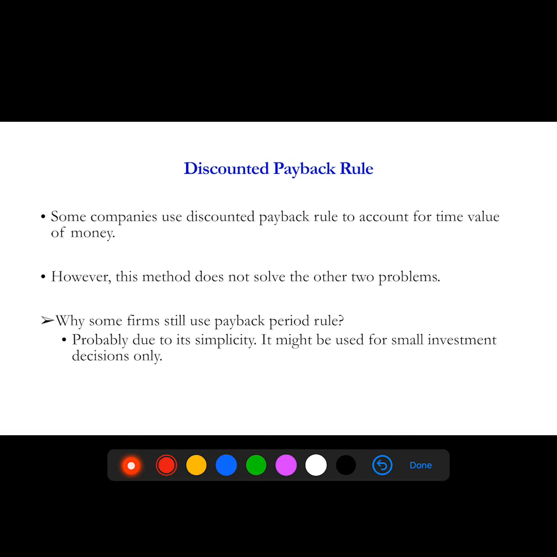Maybe for some small investments, the time and cost of doing a thorough NPV calculation is large, so the companies prefer to use a simpler technique such as payback period. Or in some very small companies, they might not have financial experts to calculate NPV, so they are going to base their decision on some arbitrary rules such as the payback rule.